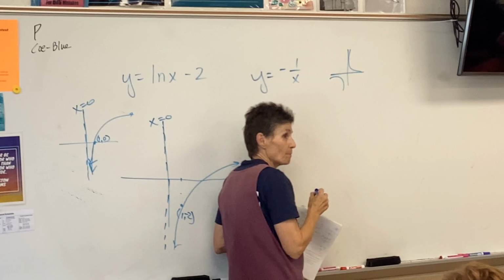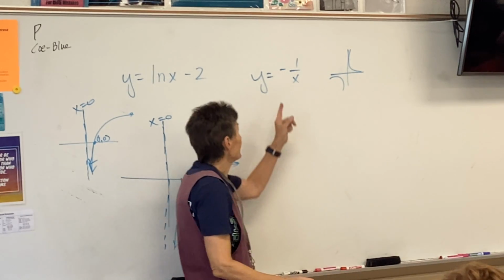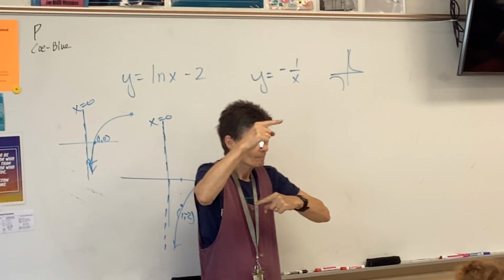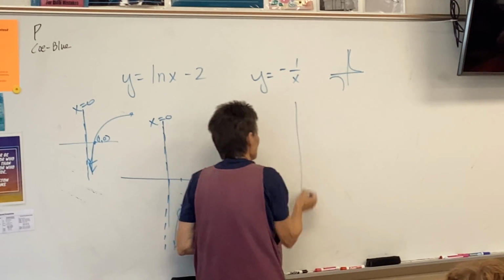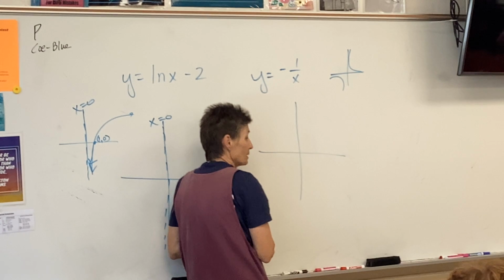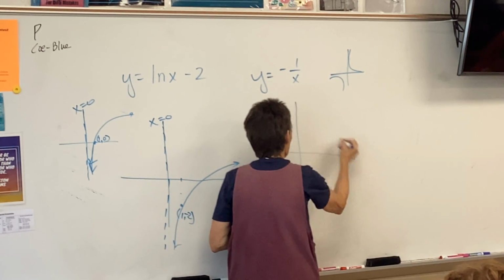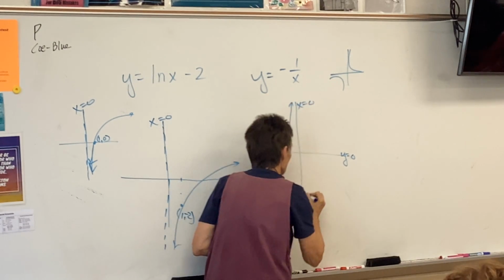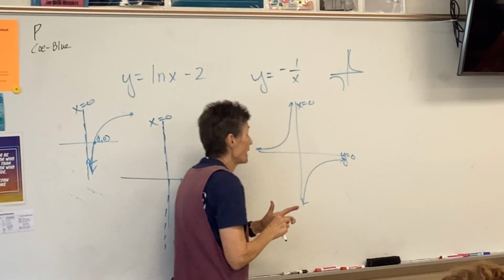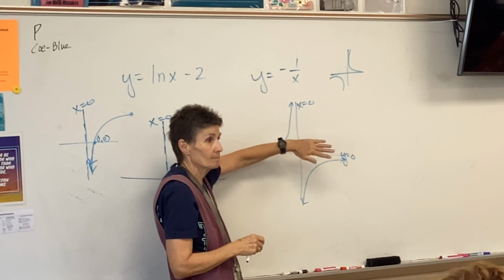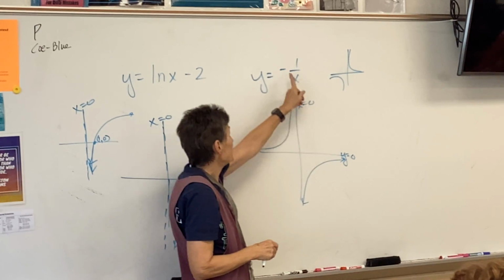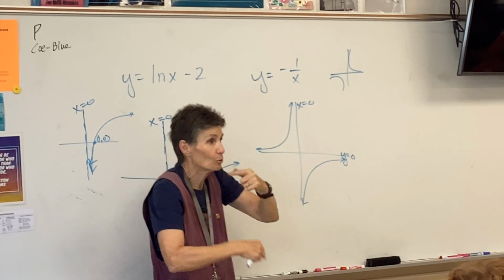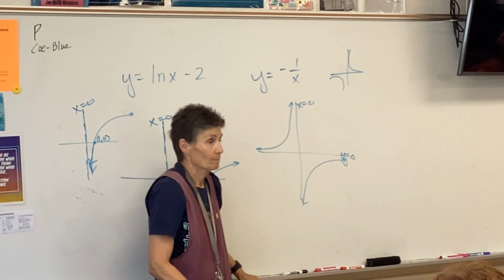That's your normal reciprocal. A negative out in front turns you upside down. So if we turn that thing upside down, I still have the same asymptote, but now I'm over here and down here. I simply flip it. A negative out in front of your function turns you upside down.